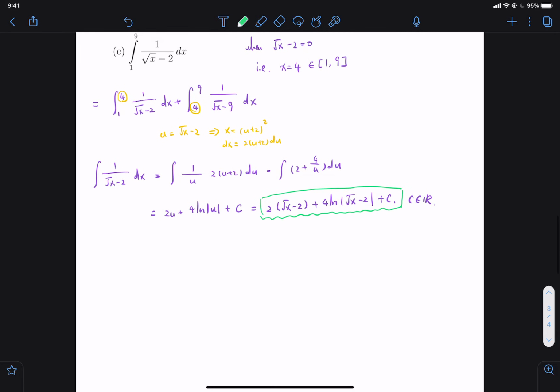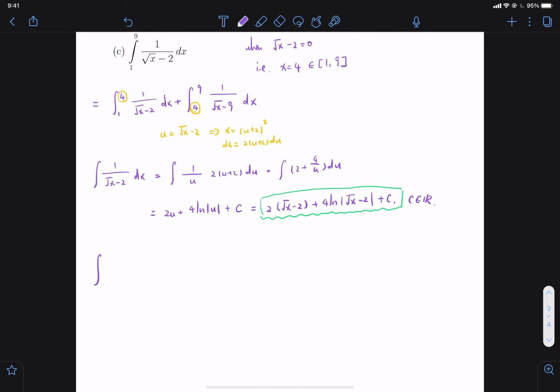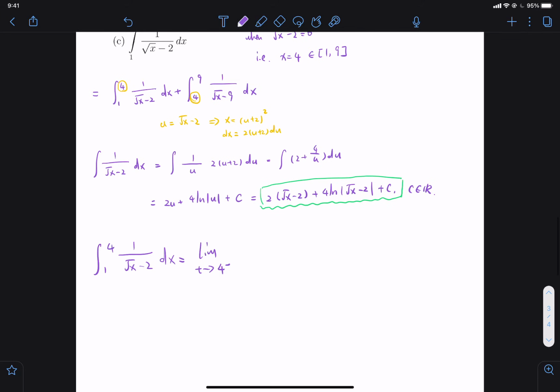Okay, so now this thing, the 1 to 4 of this definite integral, can be written as limit t goes to 4 minus, right, because 4 is the singular point, from 1 to t of this one dx, right?